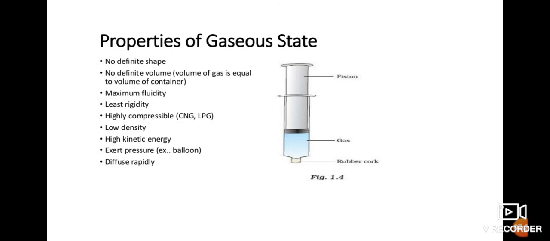Now, most importantly, gases will exert pressure within a particular container wherever they are kept because the molecules are in constant motion all the time. They will strike each other and the sides of the container and thus will exert pressure within that particular container.